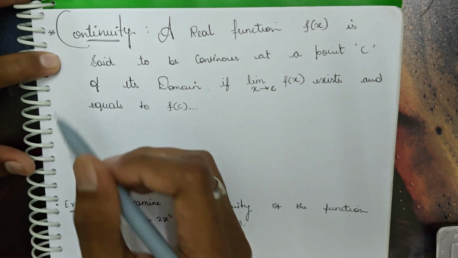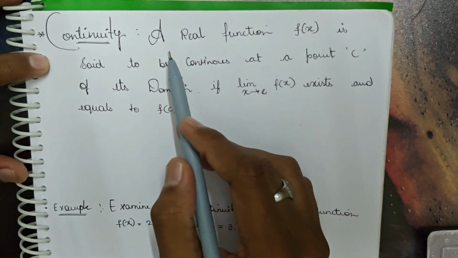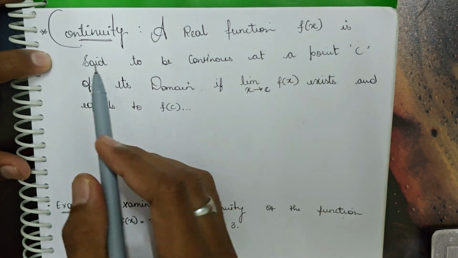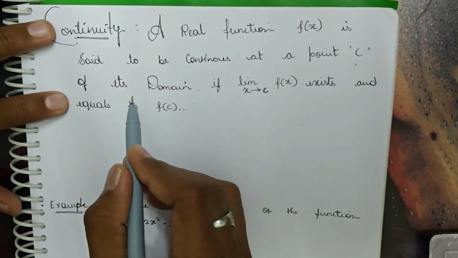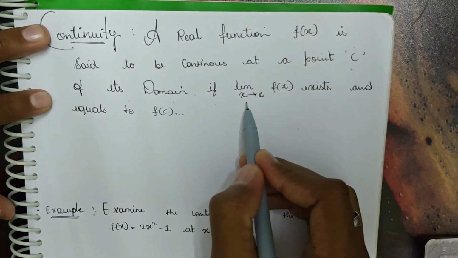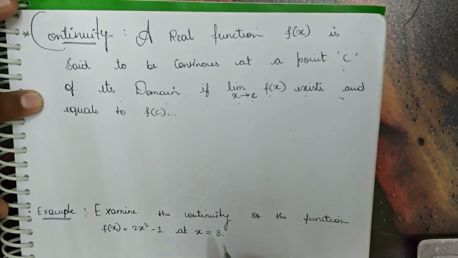So now let's know about the continuity. The definition of continuity is: a real function f of x is said to be continuous at a point c of its domain if limit x tends to c of f of x exists and equals f of c.